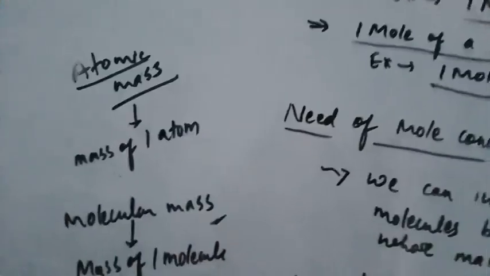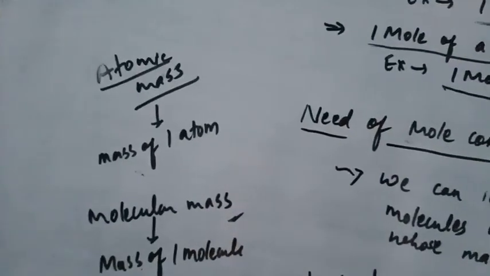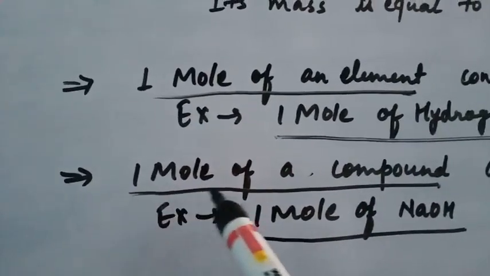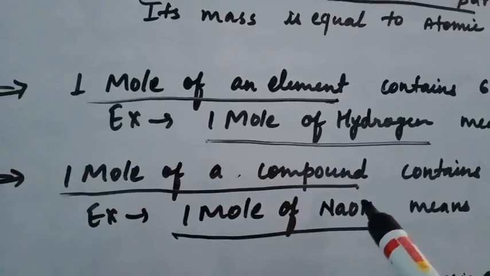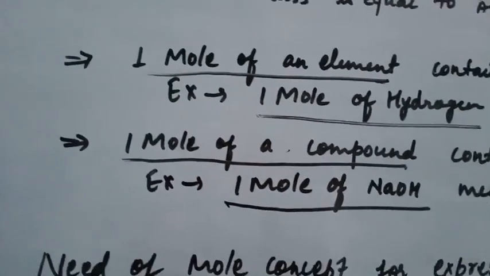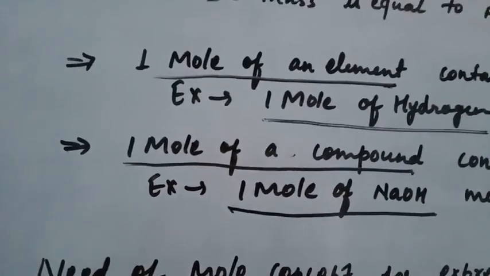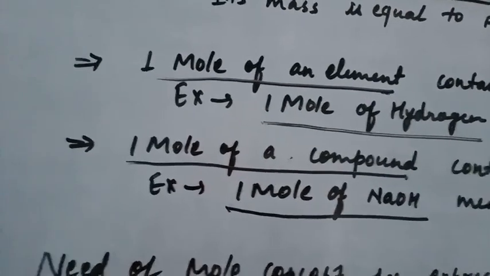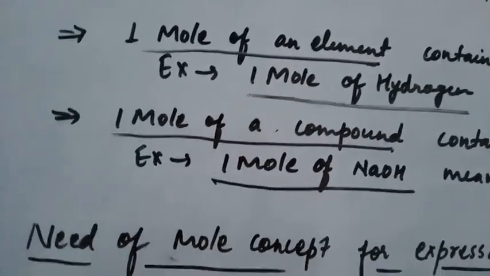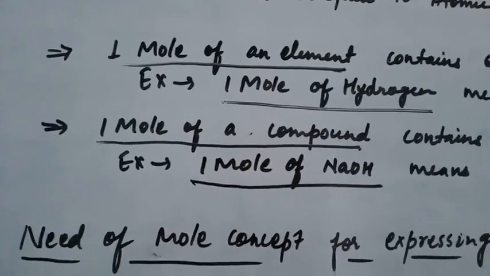So in molecular mass we have to calculate mass of just one molecule, and if we have to calculate the mass of 1 mole of a compound, then we have to calculate the mass of all the 6.022 into 10 to power 23 number of molecules present in it.